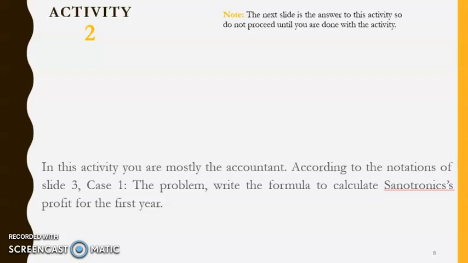Case 1, the problem. Write the formula to calculate Sanatronics profit for the first year. Make sure you are putting a good time on this activity. Because the number of problems that we do with a simulation are not a lot, because each case takes time to understand and there are many steps.